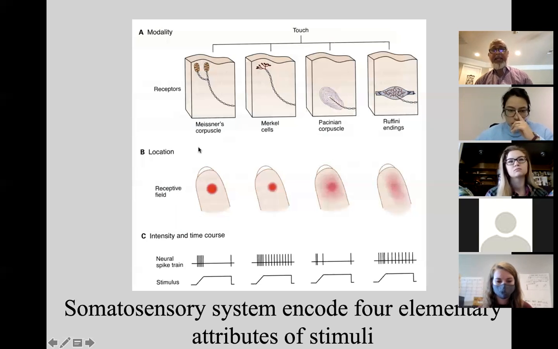Now if you look at these two, the Meissner's corpuscle and Merkel's disc, they have a very specific location area that the stimulus is coming from, right? And look at this one, the Pacinian corpuscle and Ruffini's ending. On the first two you can pinpoint your stimulus. This will be very specific, but on this one, there is no specific area.